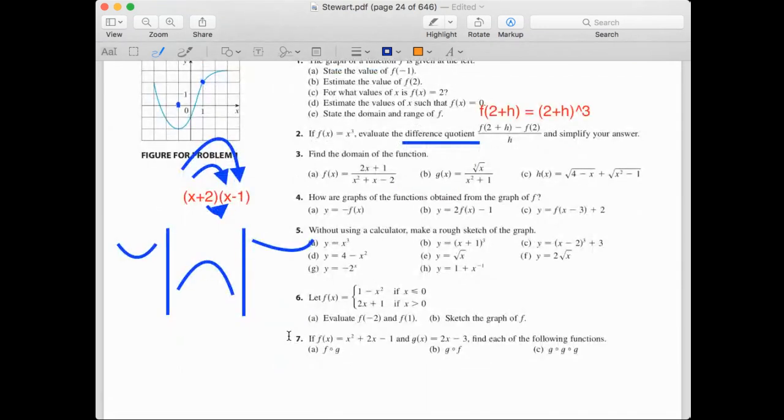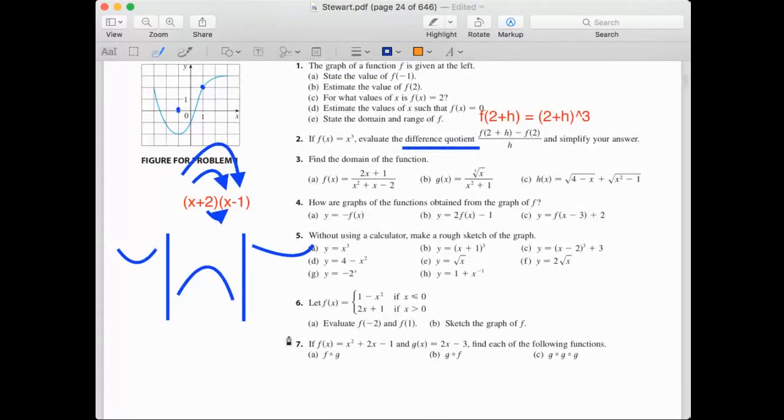Okay, let's keep going. Make sure you can graph polynomials. That's a rule for graphing polynomials.